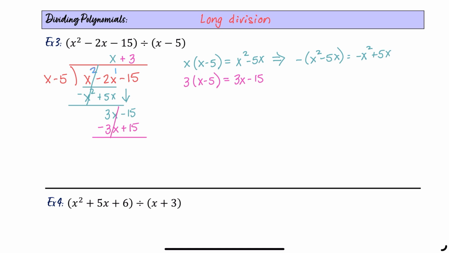I can see my 3x's canceling, even my 15's canceling, leaving me a remainder of 0. So x squared minus 2x minus 15 divided by x minus 5 is simply x plus 3 with no remainder.